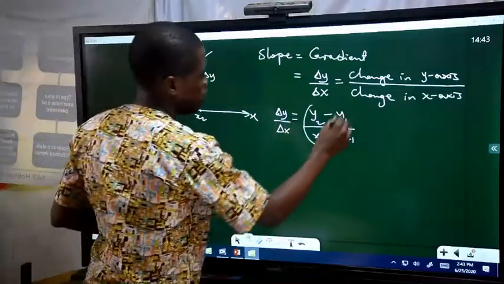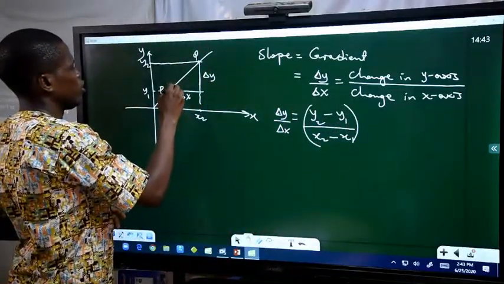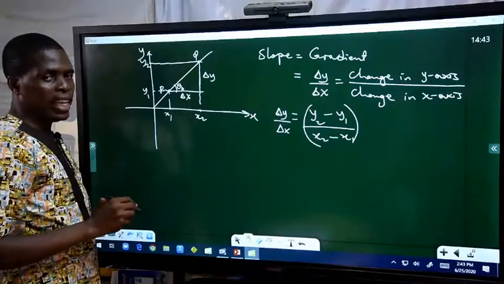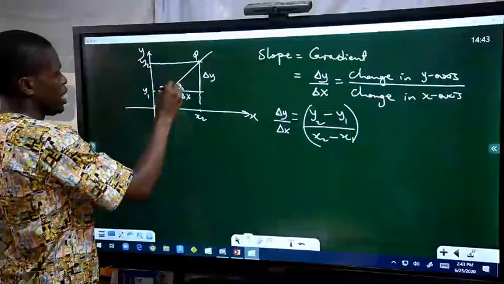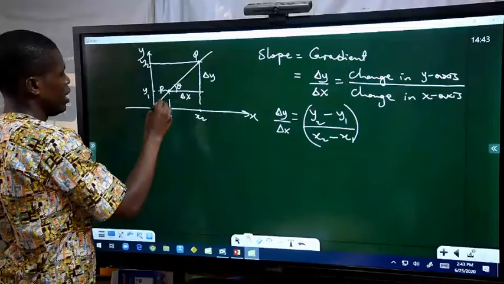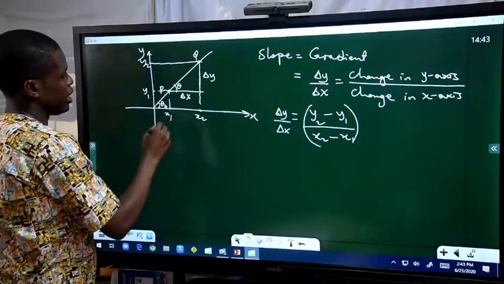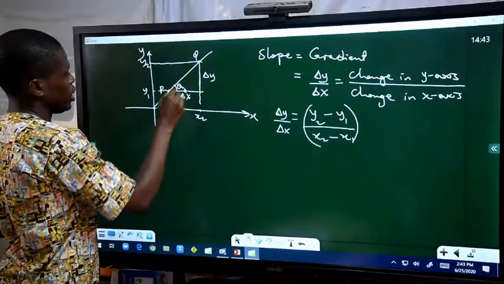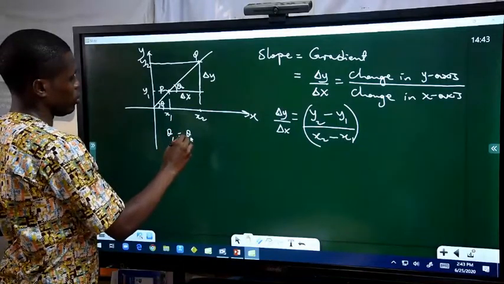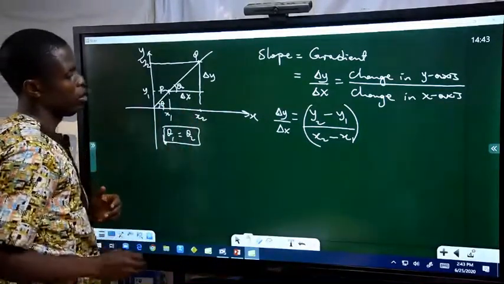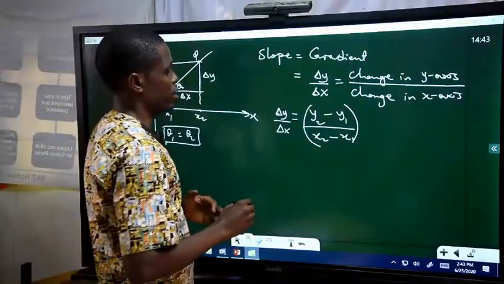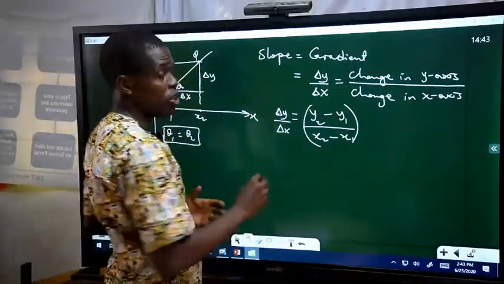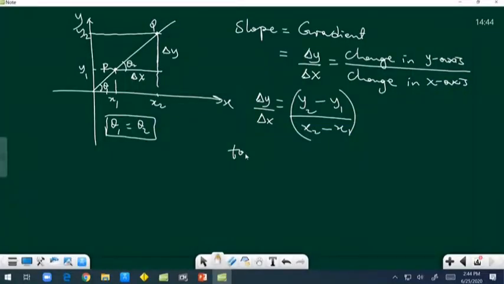Okay, so we can use this to also find the angle of inclination of the line to the horizontal. Remember that this angle here and this angle here are equal, theta and theta. If I call this theta 1 and this theta 2, that means theta 1 equals theta 2. That is the inclination to the horizontal axis. Using SOHCAHTOA, tan theta is equal to opposite divided by adjacent.